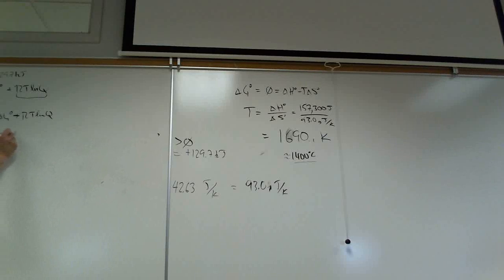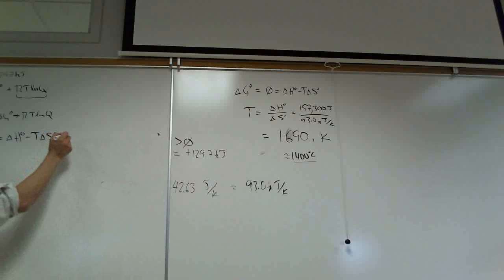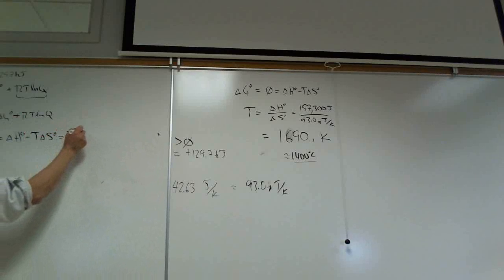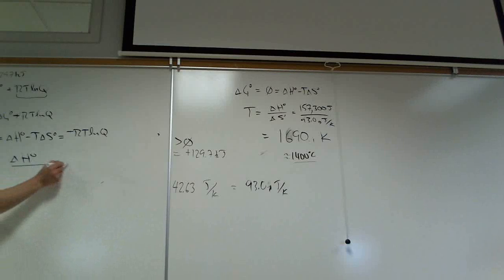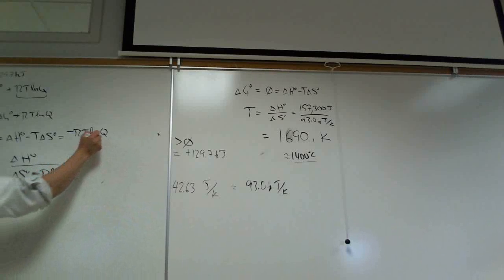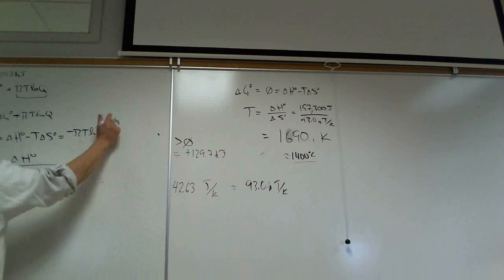Delta G naught is equal to delta H naught minus T delta S naught, which is equal to minus RT ln Q. And then we solve for T. T is going to equal delta H naught over delta S naught plus minus R ln of K, because when we set delta G equal to 0.